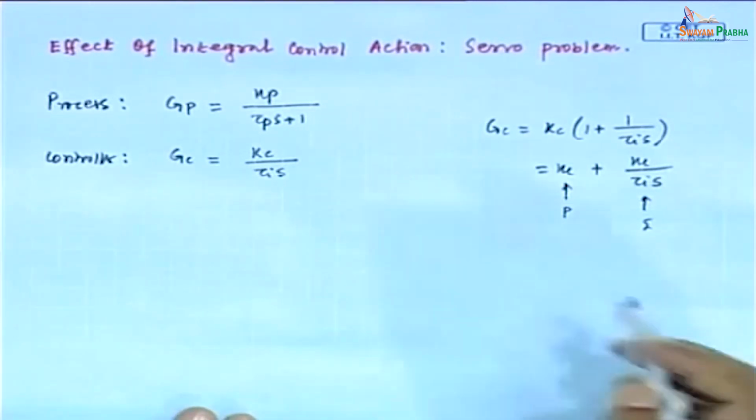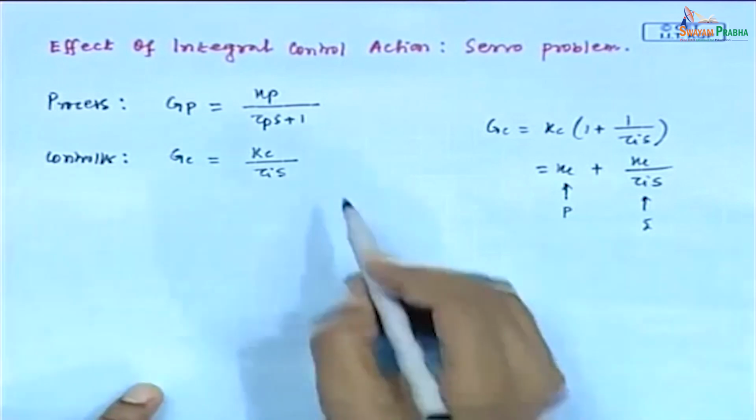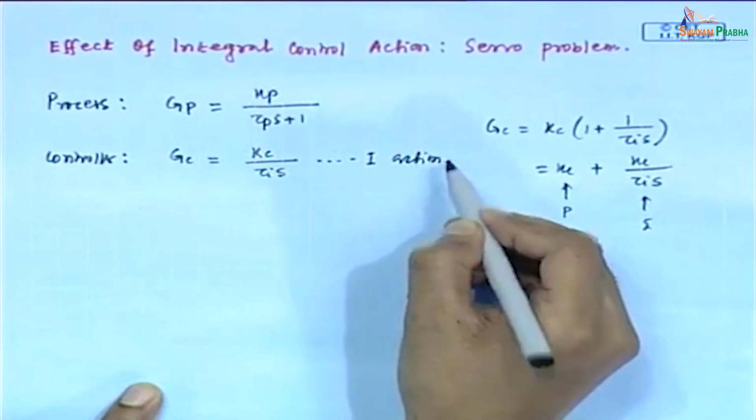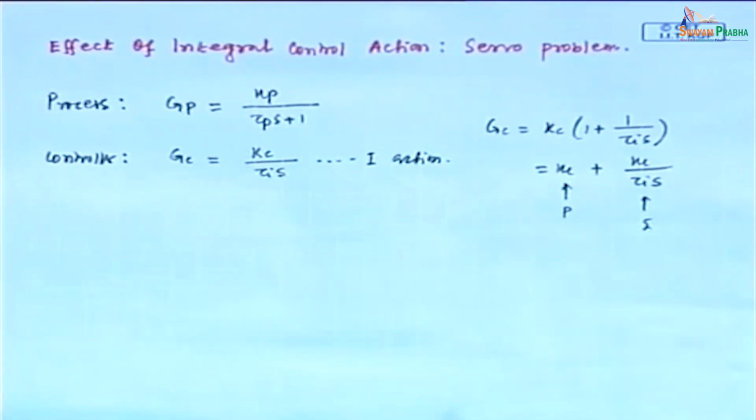Fine. So if we consider only the integral controller, then the transfer function is Gc equals Kc divided by tau I s.